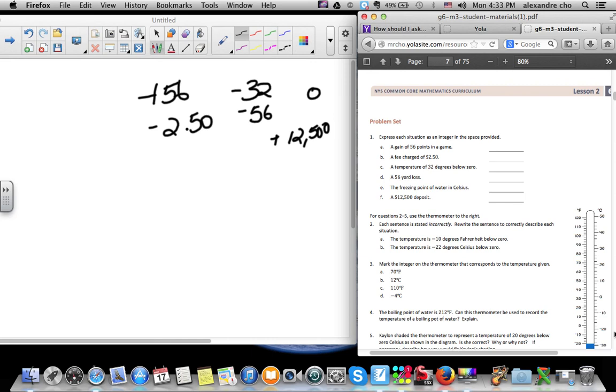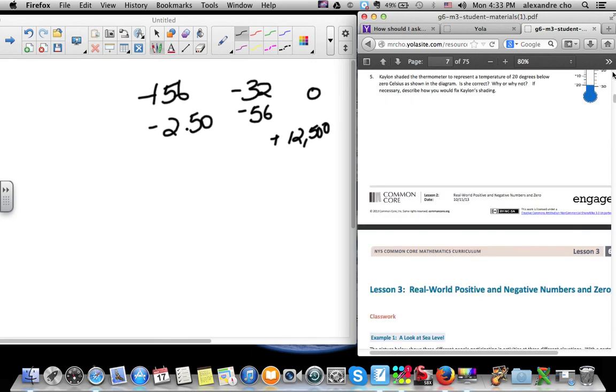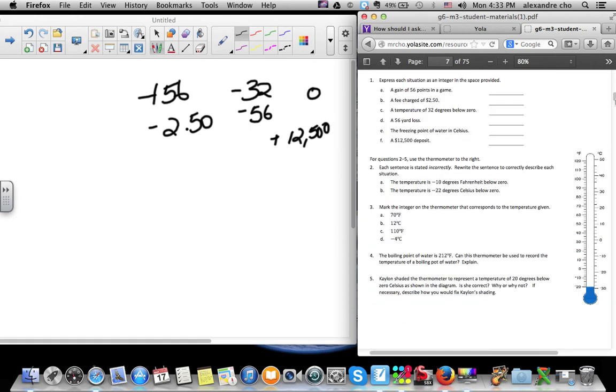Kaylin shaded the temperature to represent a temperature of 20 degrees below 0 Celsius, as shown in the diagram. No, she didn't. 20 degrees below 0 Celsius would be around here, where the arrow is. Is she correct?